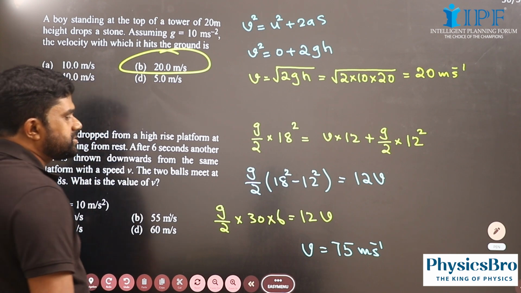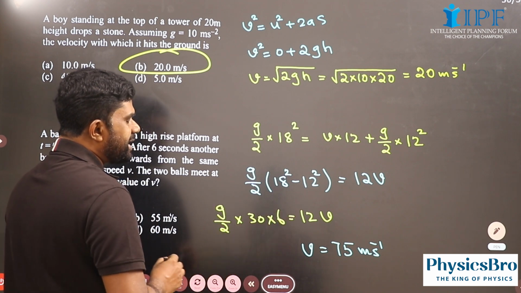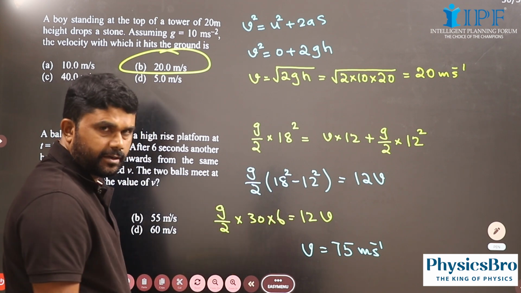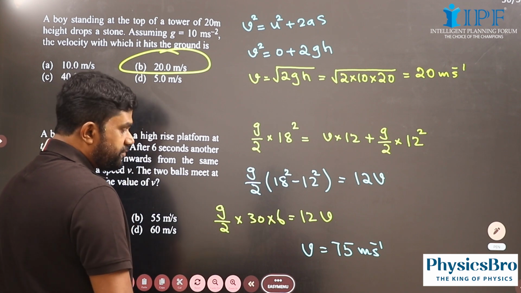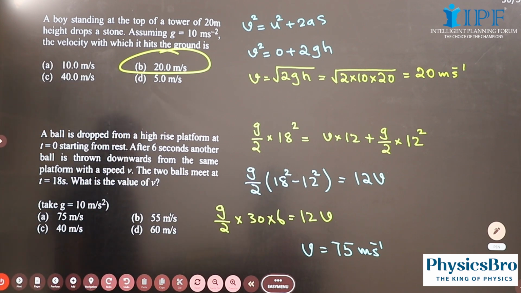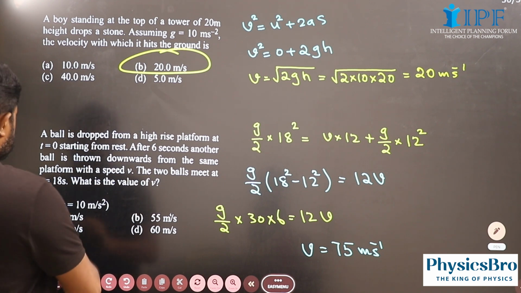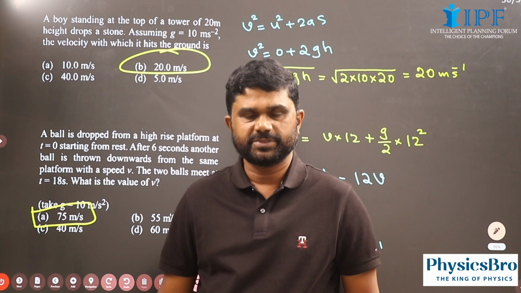Now this 12 and 6 we can cancel, 2 remains here, and 2 into 30, that is 15, 150 divided by 2, that is equal to 75 meter per second. Okay, that is the correct answer, right?